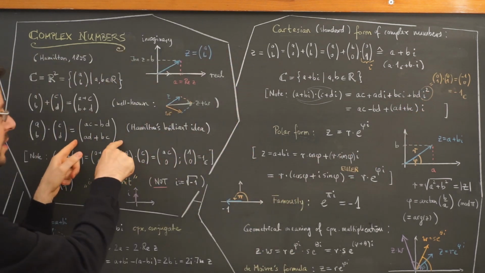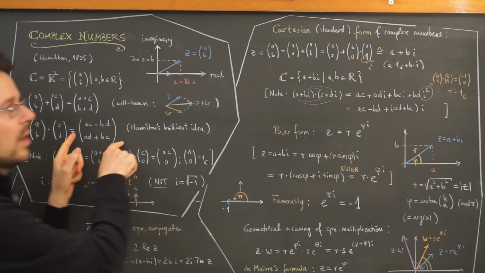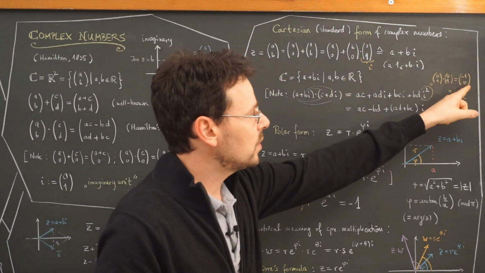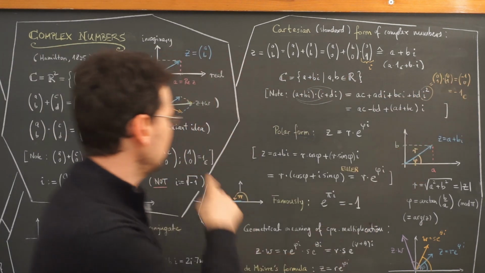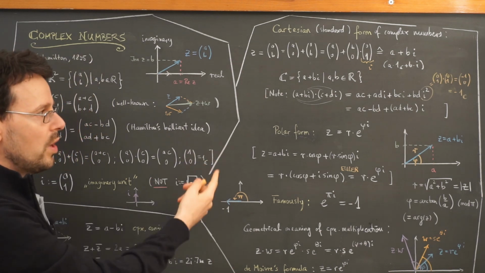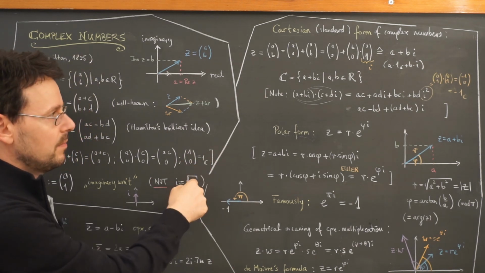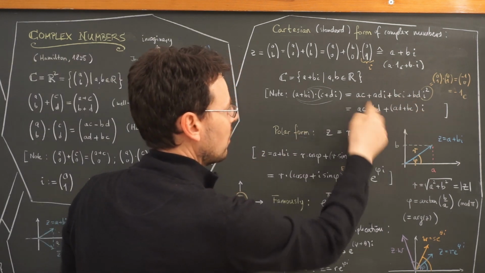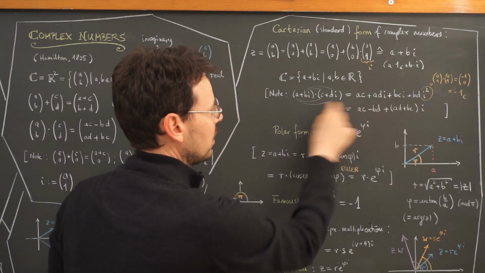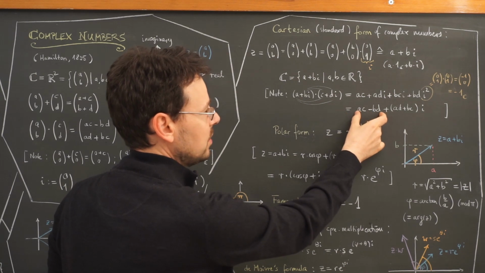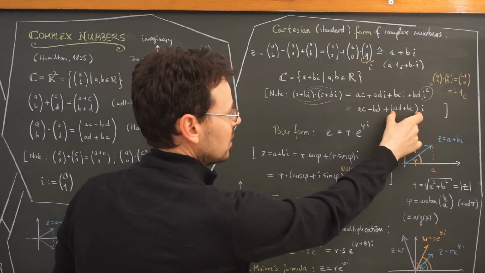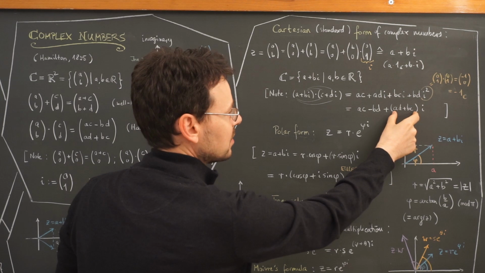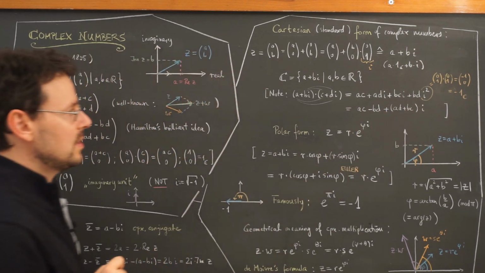If you use this definition, please do that, you get minus 1, 0, which is the negative of this vector 1 in C. Okay? So here I have as real part of this product ac minus bd, and as imaginary part ad plus bc, and here we have this i.